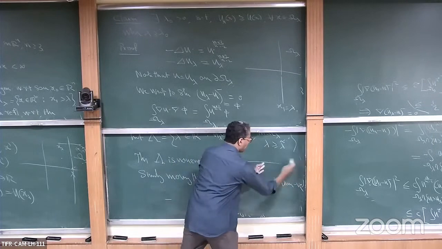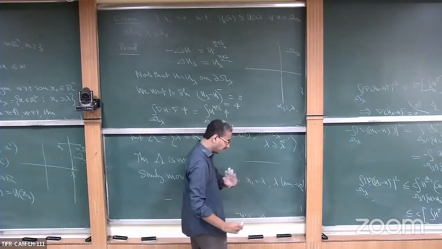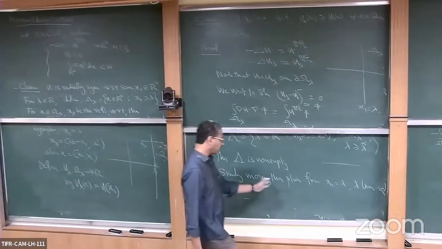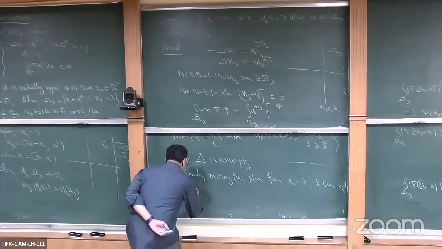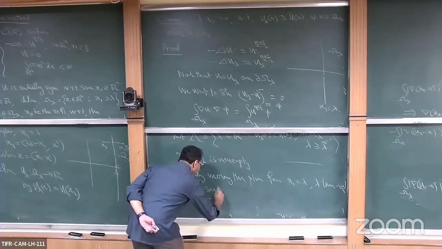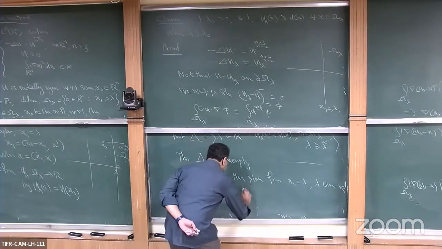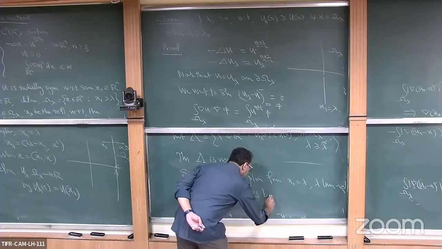So earlier I was moving from here, now I start moving from here. Similarly, moving the plane from x1, we see that lambda is bounded from below.